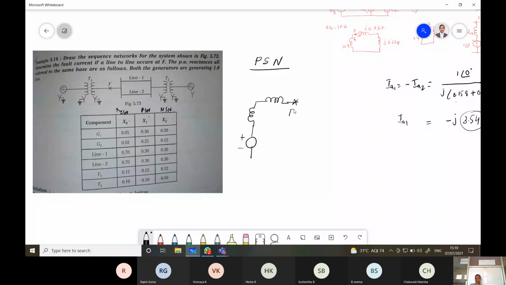After this, the fault occurs, then there are two lines.